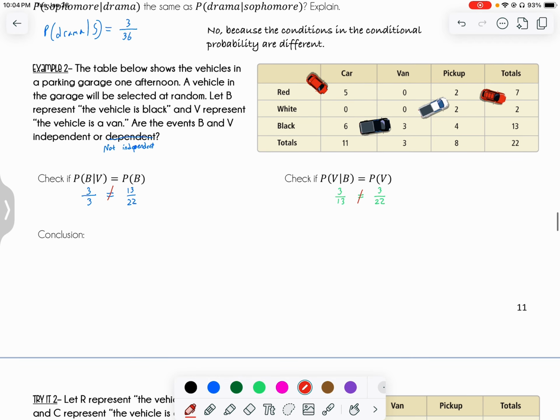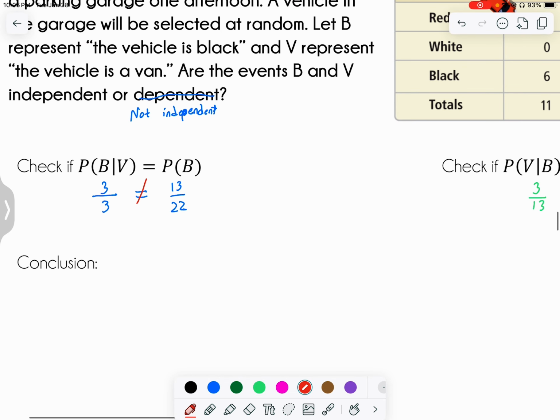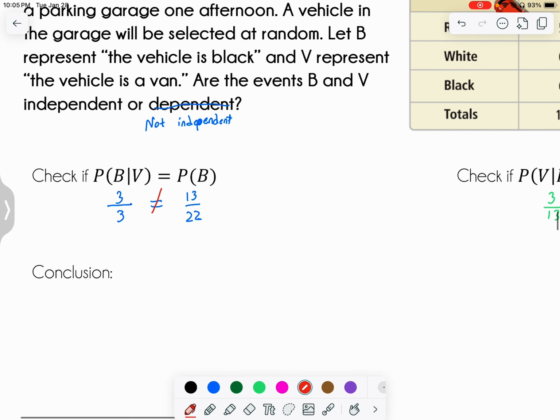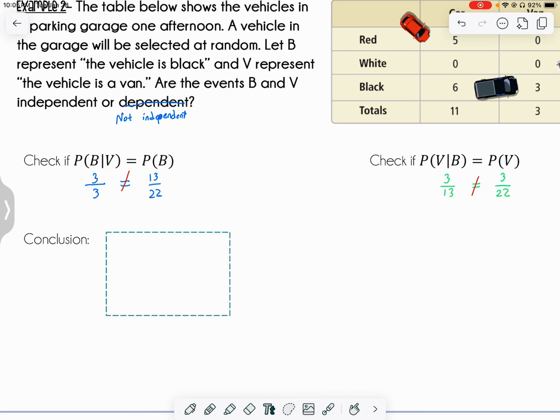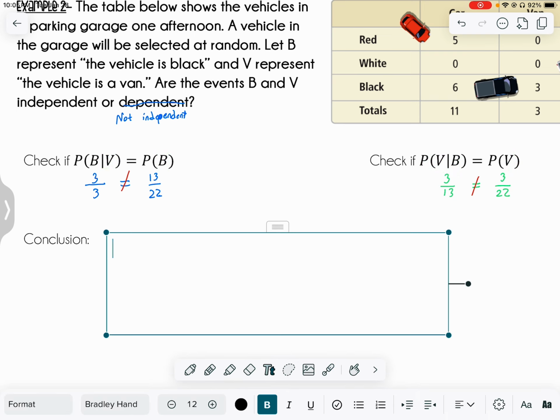And this leads us to a conclusion for this problem specifically, that these two events are not independent, but the reason is because van influences black and black influences van. All right, so that's what we're going to write down for our conclusion.